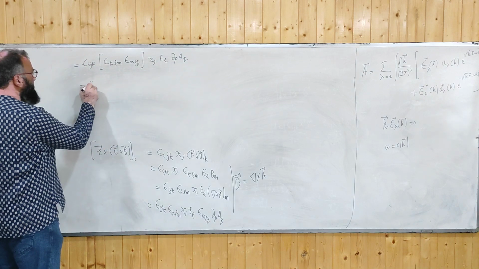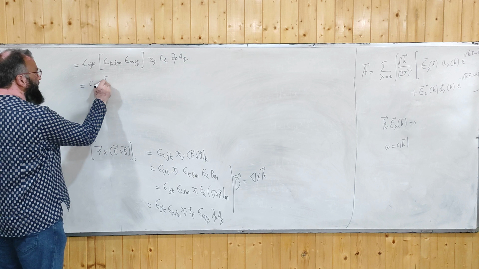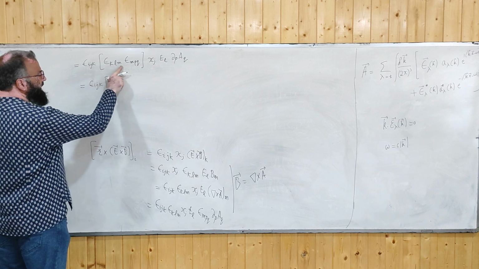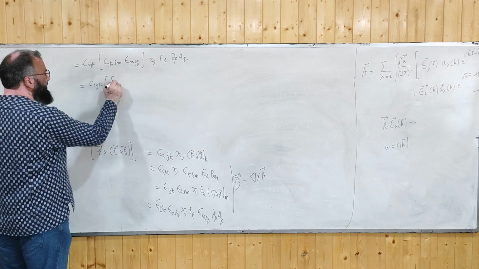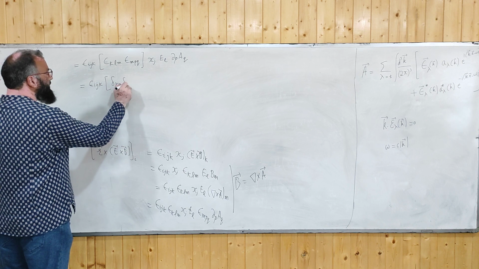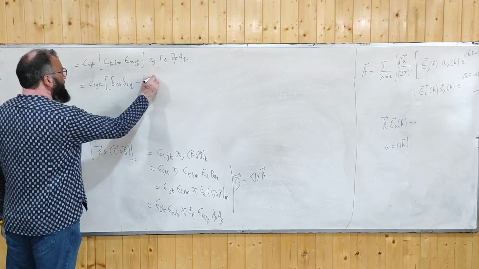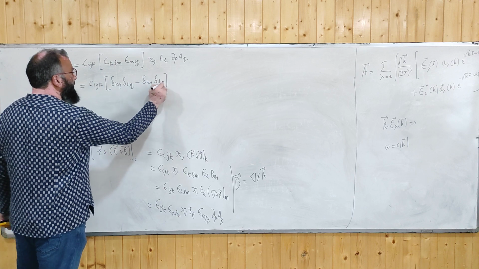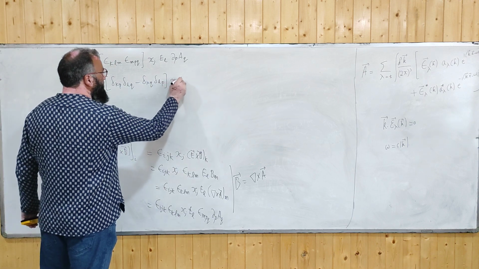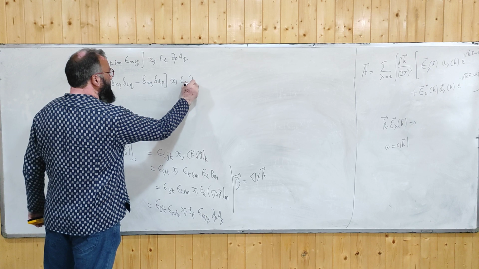So what is this object? Tell me the formula. M is the same, is it? So it is delta_kp delta_lq minus delta_kq delta_lp. So you are having this xj E_l partial_p.